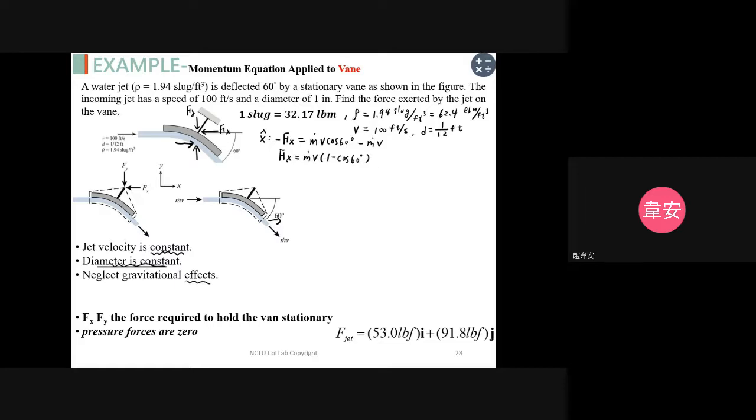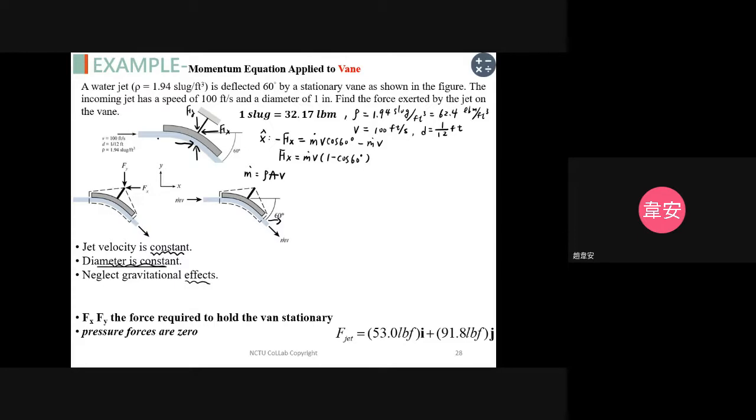So what is the mass flow rate? If we know the density, the cross-section areas, and the velocity, we can compute the mass flow.